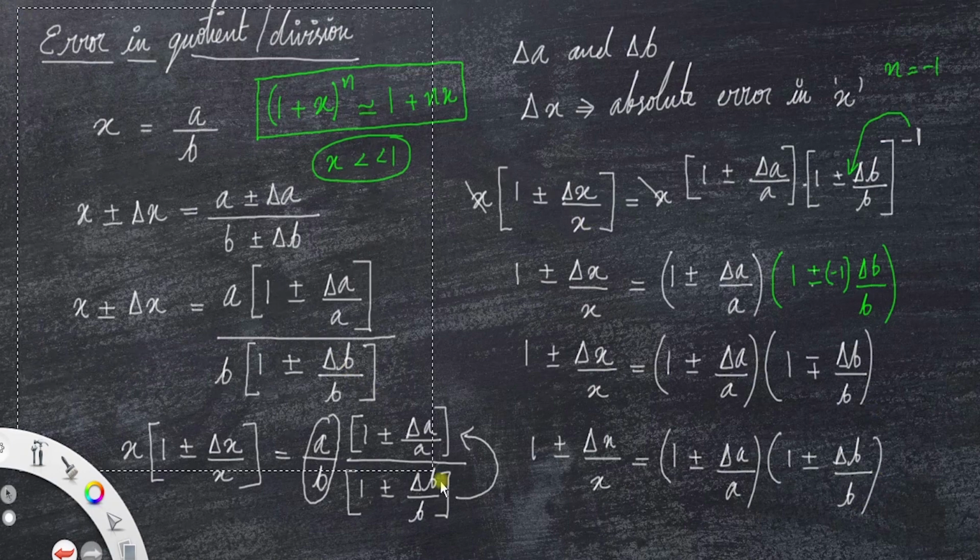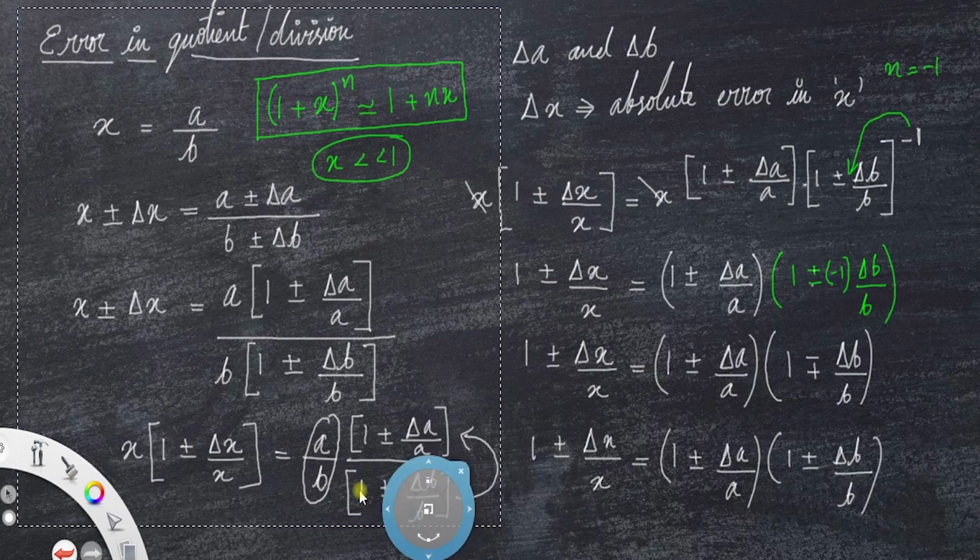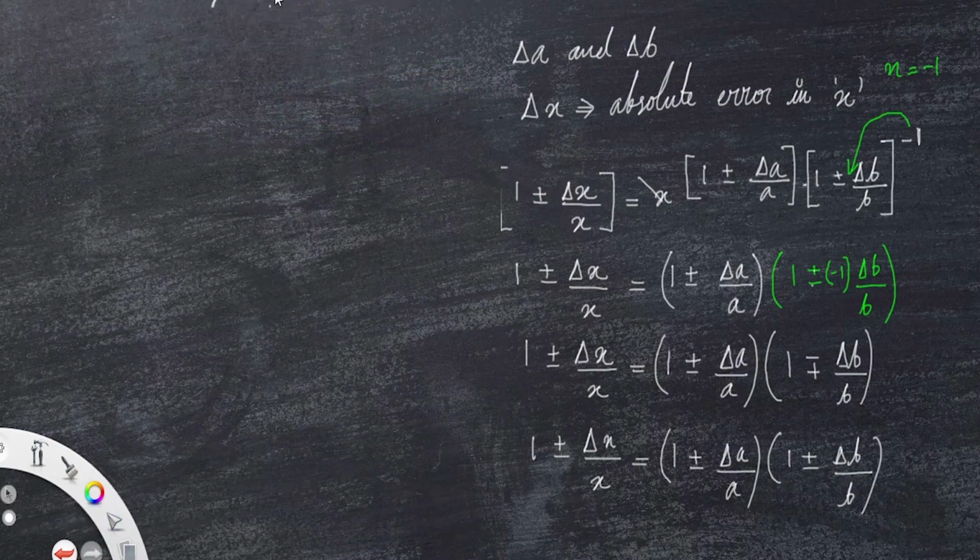Now if you multiply the right hand side, you will get 1 plus or minus delta x by x is equal to 1 into 1 is 1. 1 into plus or minus delta b by b is plus or minus delta b by b itself. Now plus or minus delta a by a into 1 is plus or minus delta a by a.